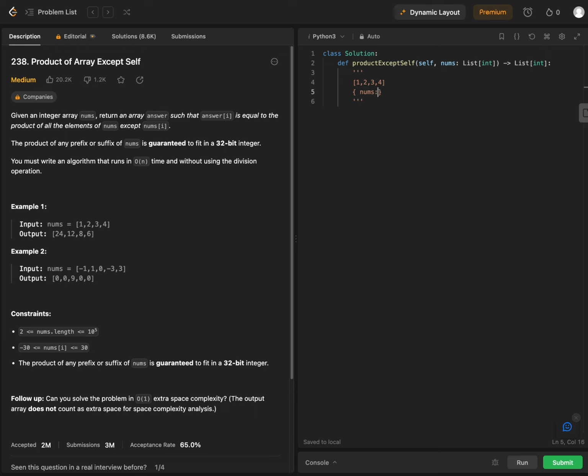Nums[0], you have this, and then you have this. So first thing we're thinking of is something like that, possibly, and then this will of course be 1, 2, and 3. You have a hash map of all these values.